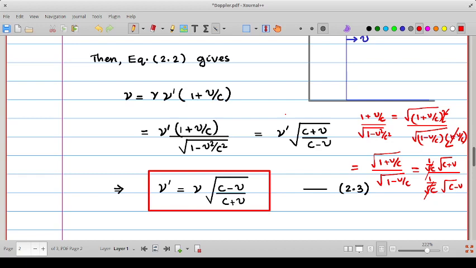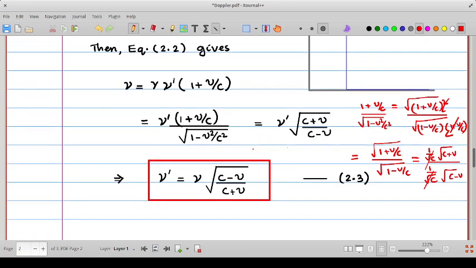Nu and nu dash are related by this equation. Assuming that the light is coming towards the observer from the source, so that it is along the x-axis, and therefore theta dash is equal to 0. So nu equal to nu dash times square root of c plus v by c minus v. Or in other words, nu dash is equal to nu times square root of c minus v by c plus v.